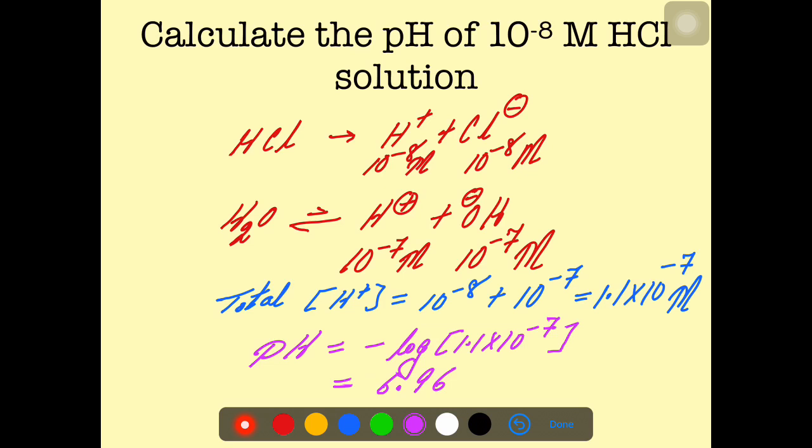So the pH is almost equal to 7, a little bit lesser than 7, indicating that it is an acidic solution. Now I made one assumption that the solution is almost neutral, and therefore the concentration of H plus ions from the water dissociation is 10 to minus 7, and hence I will resolve this question without this assumption to probably get a more correct answer.